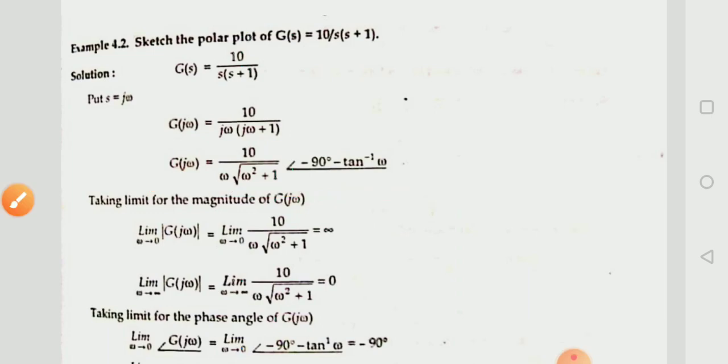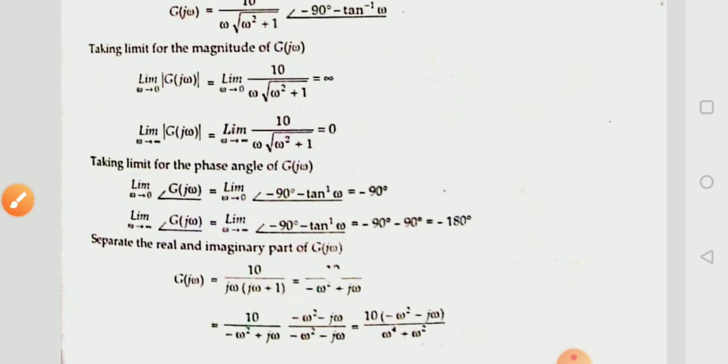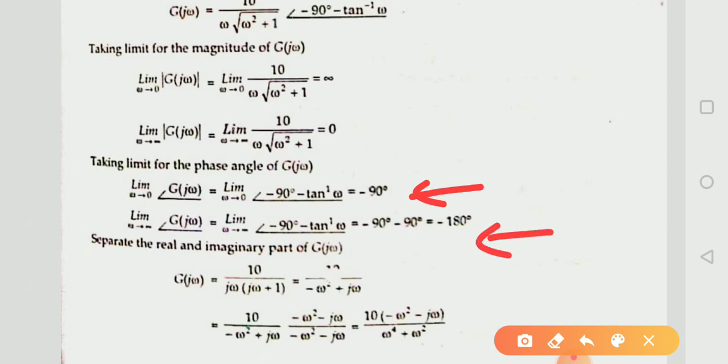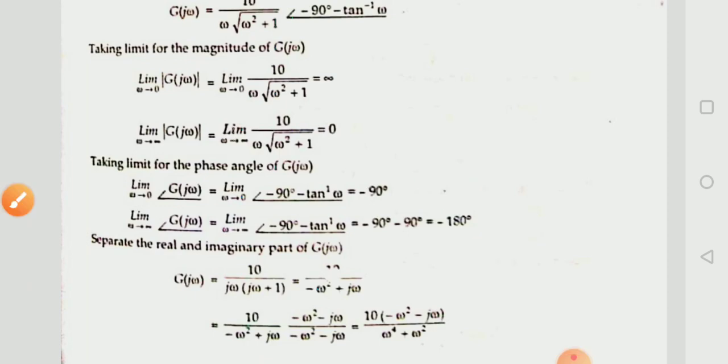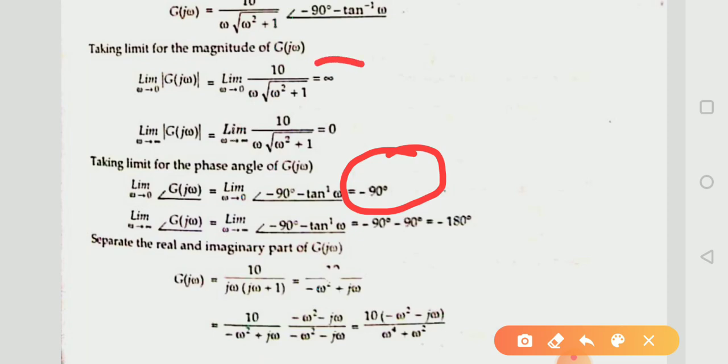Now when we are finding angle for the same, at omega tends to 0 the angle is minus 90, and at omega tends to infinity the angle is minus 180 degree. Now we can say that at minus 90 degree the magnitude is infinite, and at minus 180 degree the magnitude is 0.